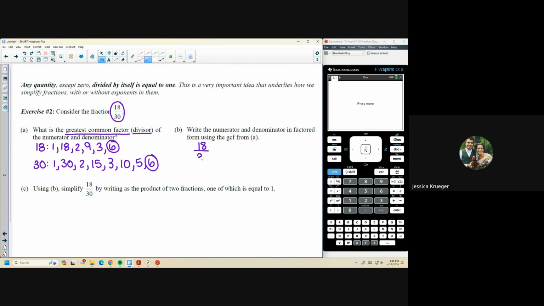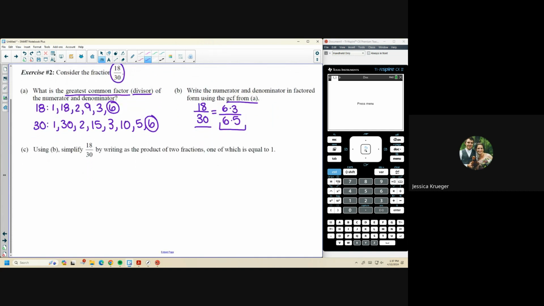The second thing you were taught to do was to rewrite 18 over 30 in equivalent form. And we're going to rewrite it using the GCF from part A. So 18 can be rewritten as 6 times 3, and 30 can be rewritten as 6 times 5. So this fraction that I wrote using products is equivalent to what we started with. The last part of simplifying, when you rewrite a fraction using a product, you can break that apart.